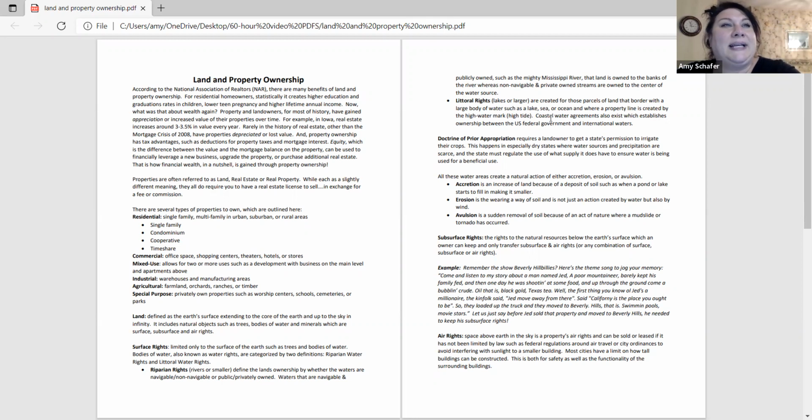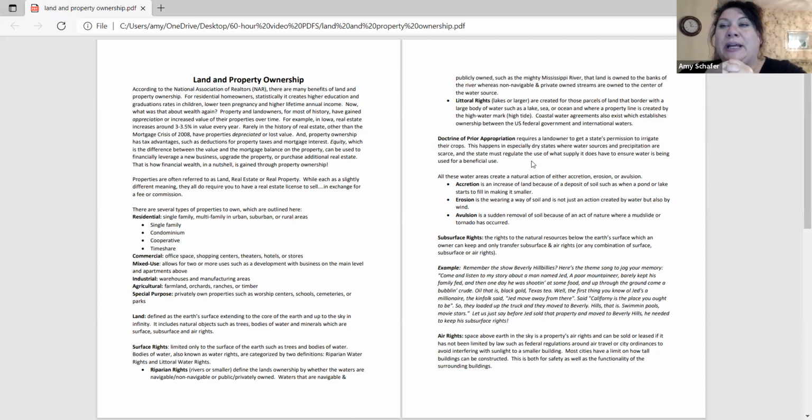One other great test question for you is the doctrine of prior appropriation. That's here on this second page. And what this means is in some states where water sources are scarce, Arizona, for example, if you're going to irrigate your crops, you must have permission to do it.